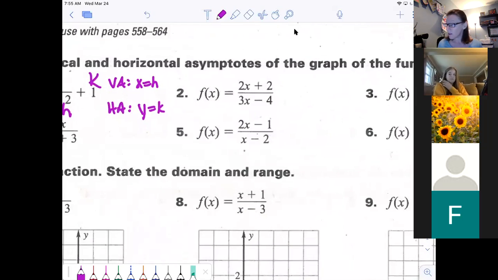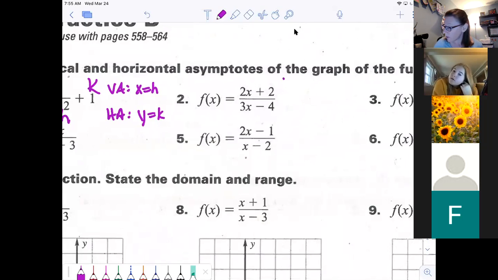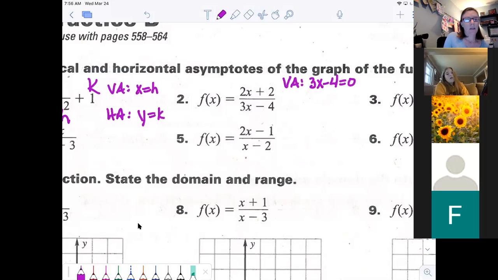So if we look at number 2, to find the vertical asymptote, we take the denominator and set it equal to 0. And again, that's going to be the same setup that we do the rest of the week when we're finding vertical asymptotes. We'll be using the denominator and setting it equal to 0. So Annabelle, if we take that denominator and solve for x, what do you get for the vertical asymptote? 4/3.